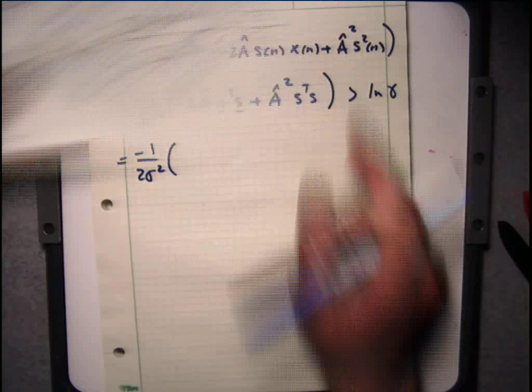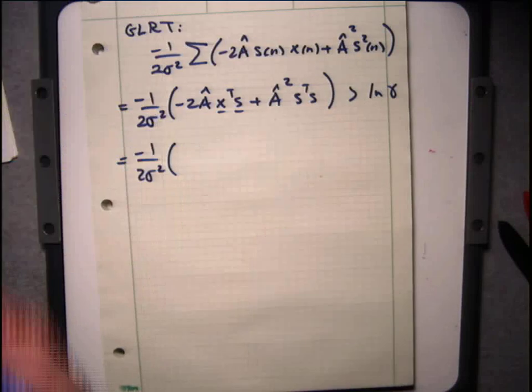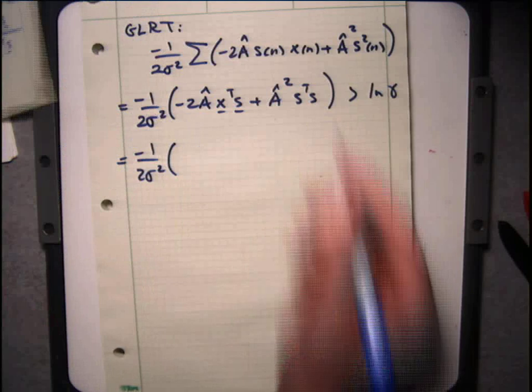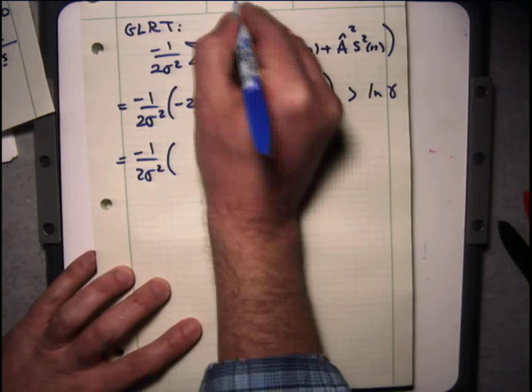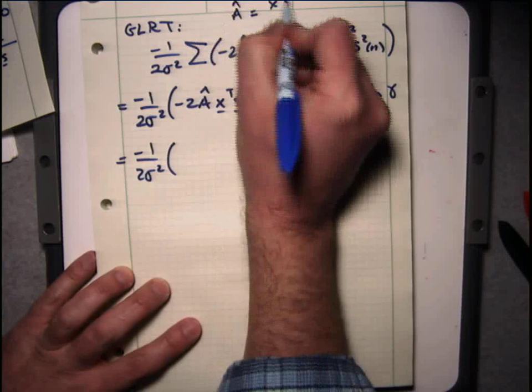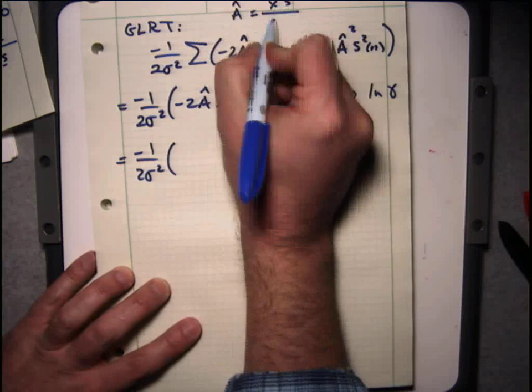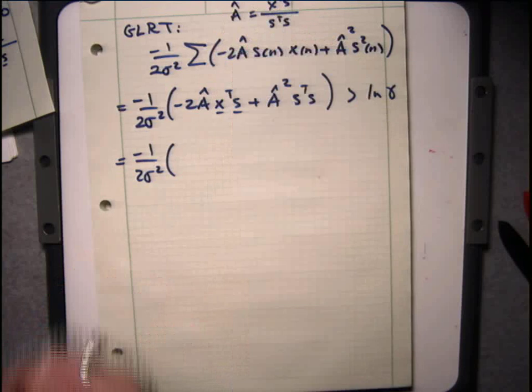So in fact, if you look at this, you can rewrite some of these terms simply in terms of the quantities that we just had. So let me rewrite this up here. So remember, A hat is x transpose s divided by s transpose s, right?